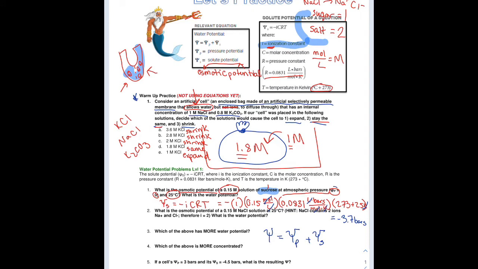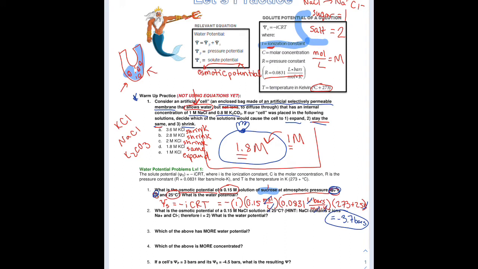It tells us right here the pressure equals 0. So if this equals 0, then we know that our water potential equals our solute potential. So this right here, negative 3.7 bars, is both your solute potential and your water potential for that one.